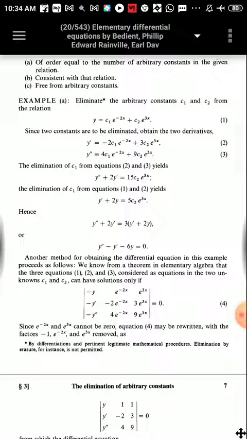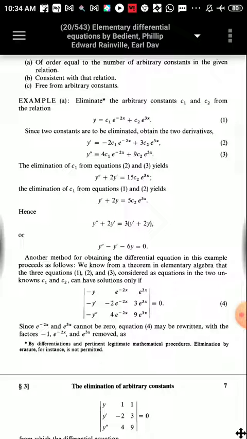We know from the theorem in elementary algebra that three equations 1, 2, and 3, considered as equations in two unknowns c1 and c2, can have a solution only if the determinant is zero. The first column is minus y, minus y dash, minus y double dash.